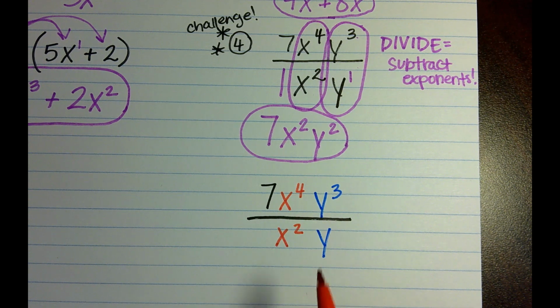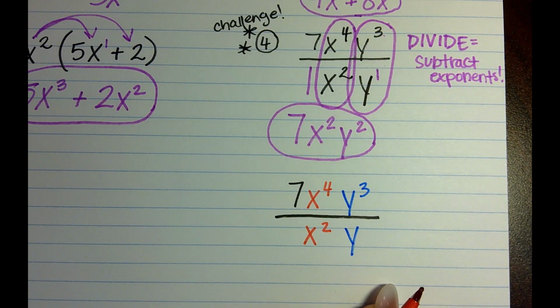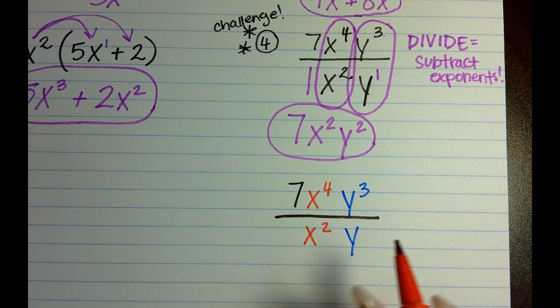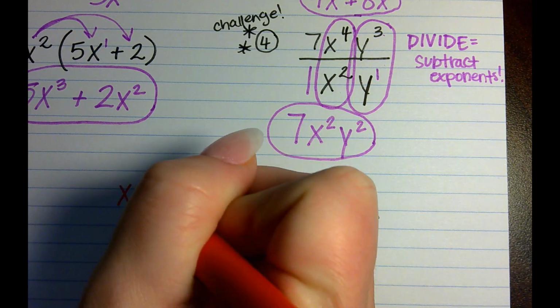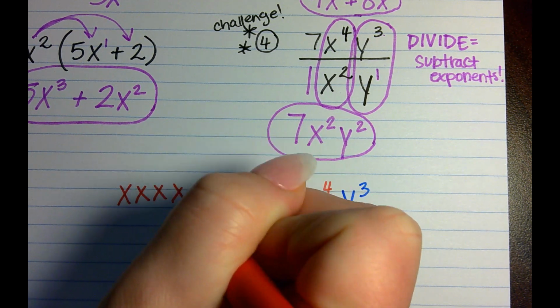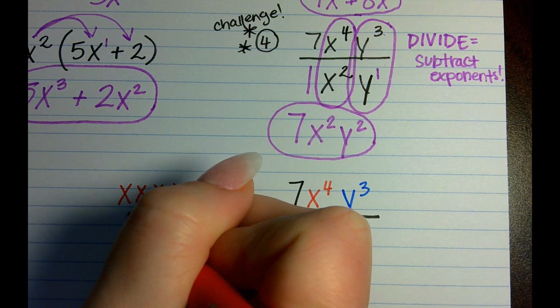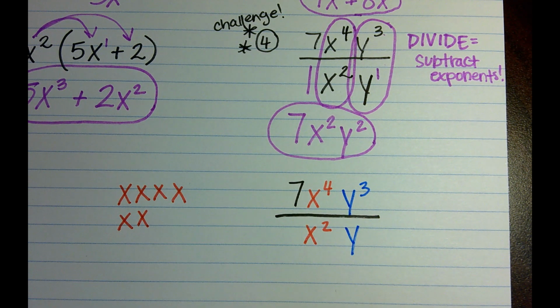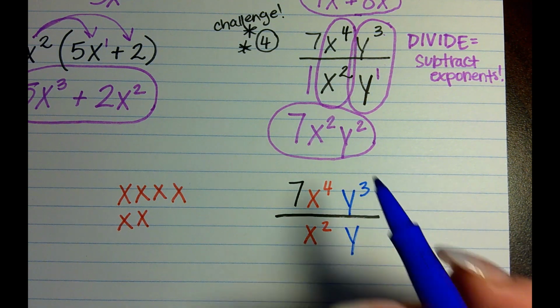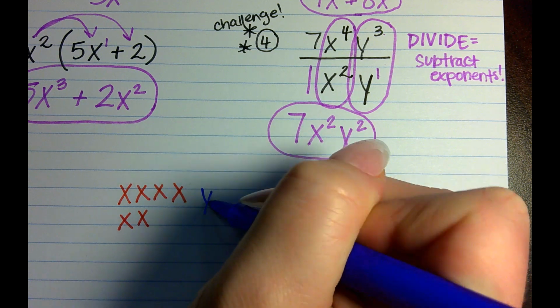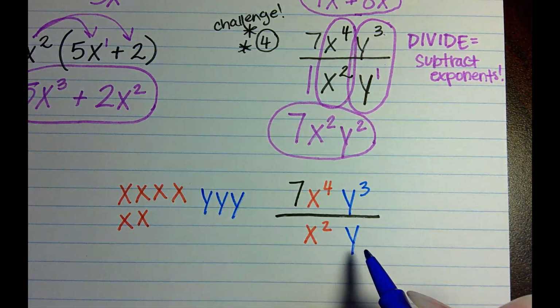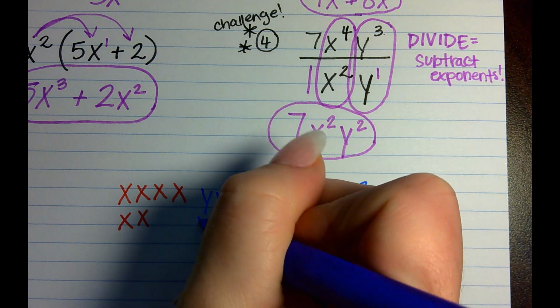If we're looking at all the x's first, I've got 4 x's on top, so I'll do that. 1, 2, 3, 4. I've got 2 on bottom. 1, 2. And then my y's. I've got 3 y's on top. 1, 2, 3. I've got 1 y on bottom. 1.